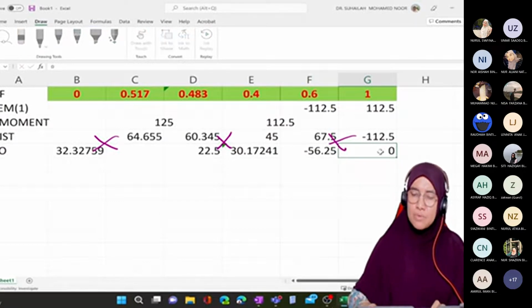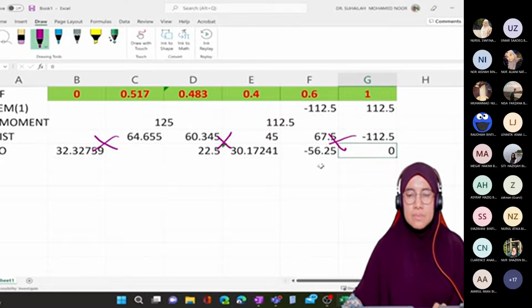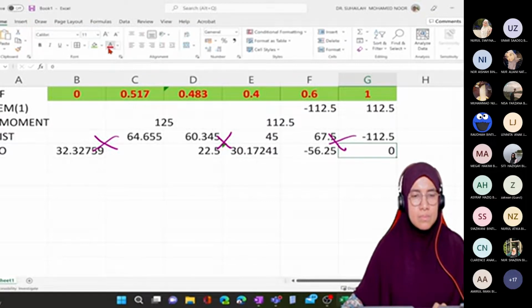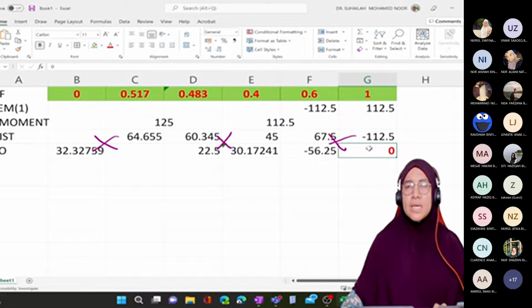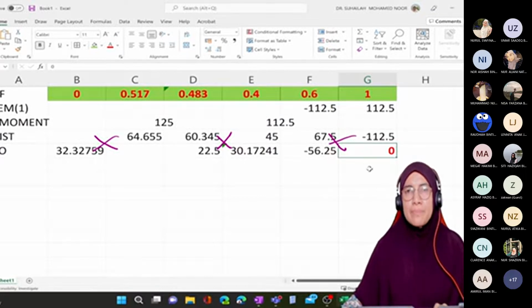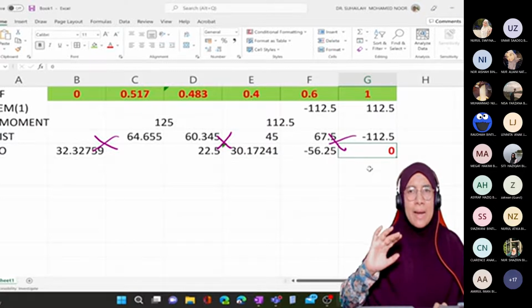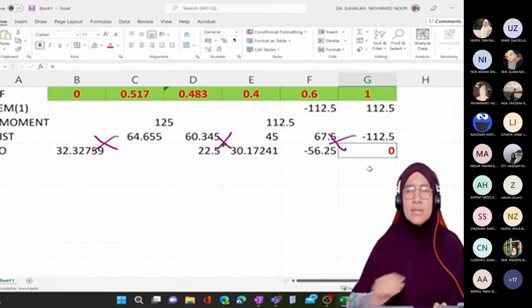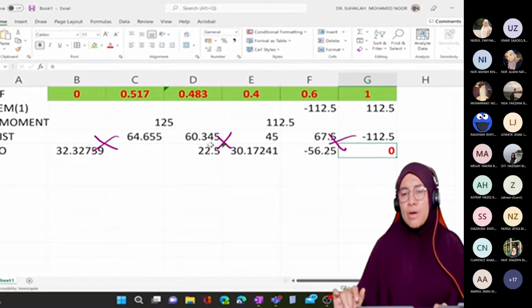This one is 0, because the factor is 0 for the pin end, the outermost end. Internally everything is assumed fixed, that is why for the internal ones we divide by 0.5.